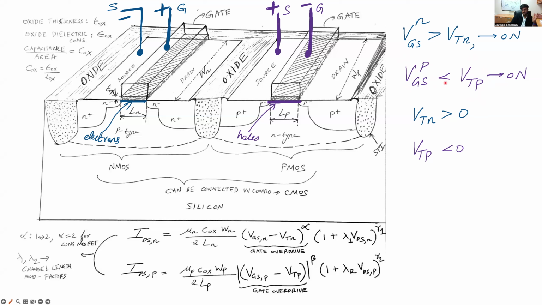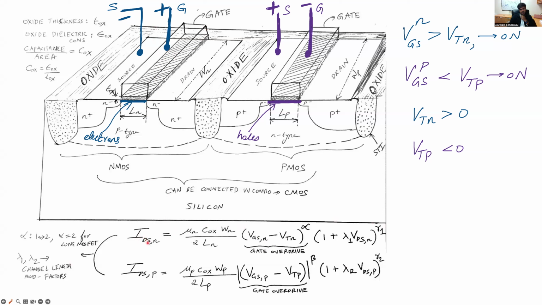Under this condition, when the voltage condition is met and the transistor is switched on, we know from basic device physics that the current between the source and the drain is given by this expression.